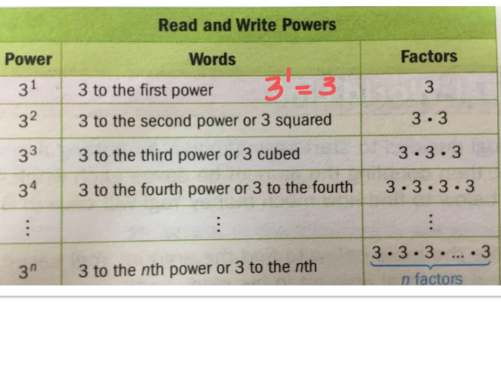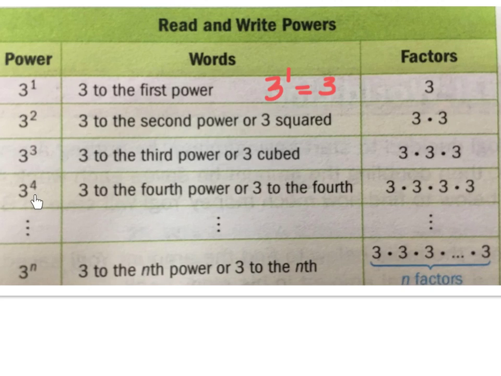We're multiplying the base times itself twice. Then we have 3 to the third power, also known as 3 cubed. That tells us that we must multiply 3 times itself 3 times. So that is why our factors are 3 times 3 times 3.